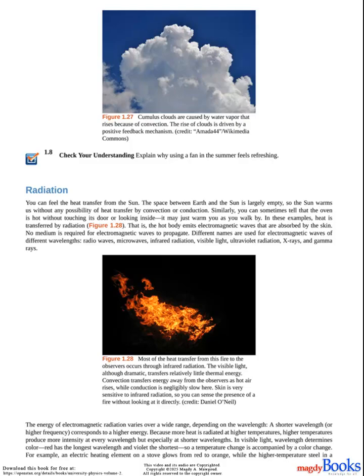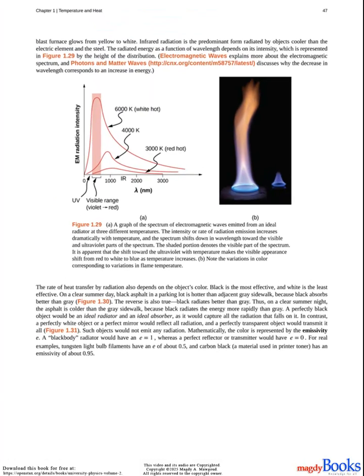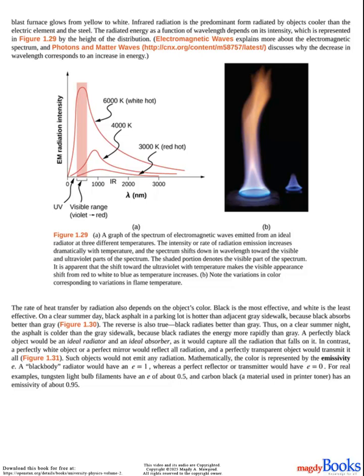For example, an electric heating element on a stove glows from red to orange, while the higher temperature steel in a blast furnace glows from yellow to white. Infrared radiation is the predominant form radiated by objects cooler than the electric element or the steel. The radiated energy as a function of wavelength depends on its intensity, which is represented in figure 1.29 by the height of the distribution.